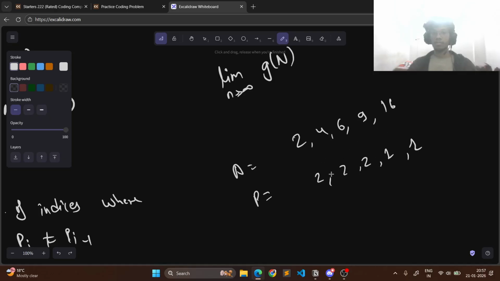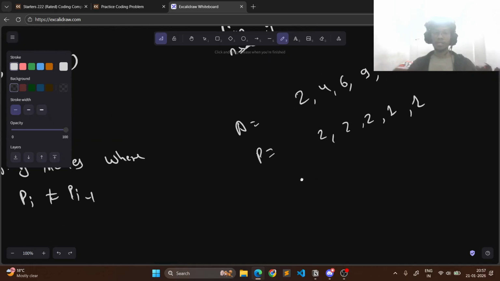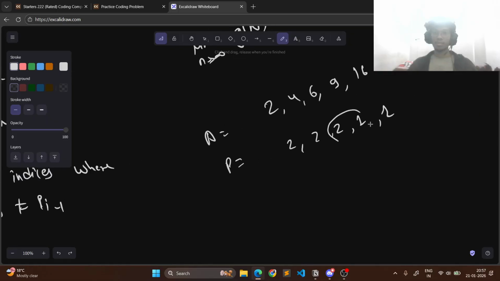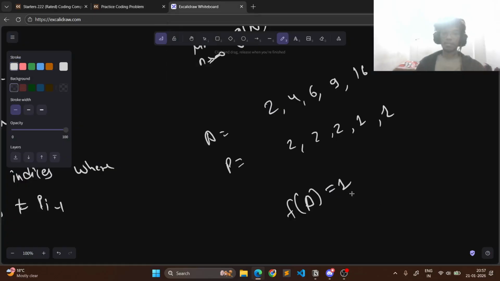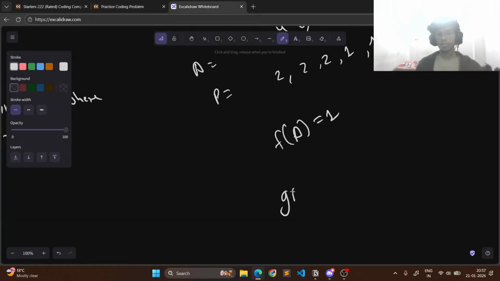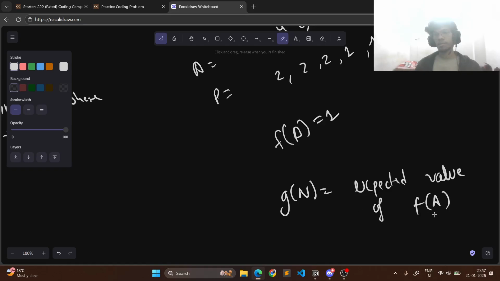So f of A is the number of indices where P of I is not equal to P of I minus 1; there is only one index. So f of A equals 1 in this case, and g of n is the expected value of f of A.